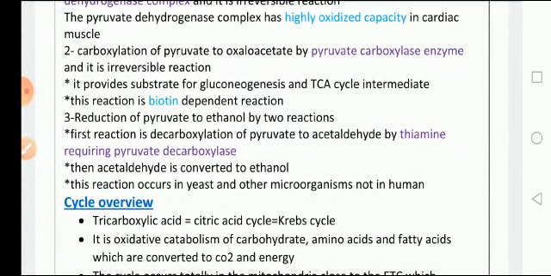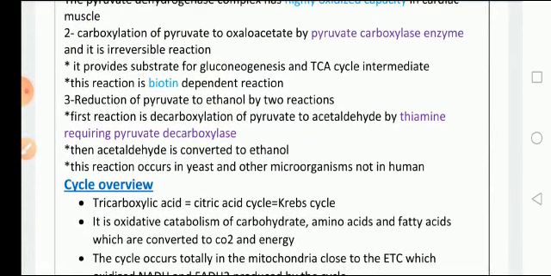This reaction is catalyzed by thiamine-requiring pyruvate decarboxylase. Decarboxylase means it removes a carbon atom. Then that product will be converted to ethanol. But remember, the reduction of pyruvate to ethanol does not take place in humans. It just occurs in yeast and other microorganisms.